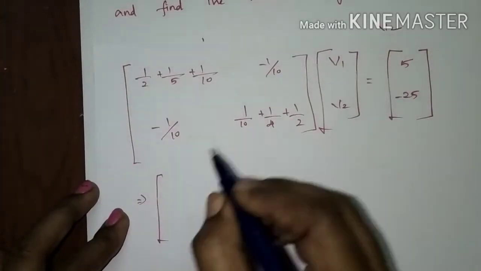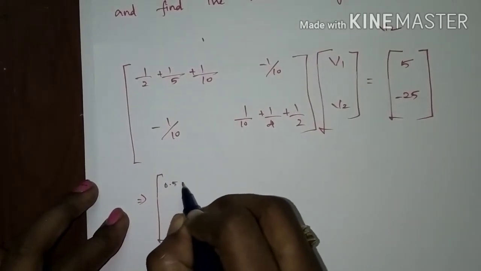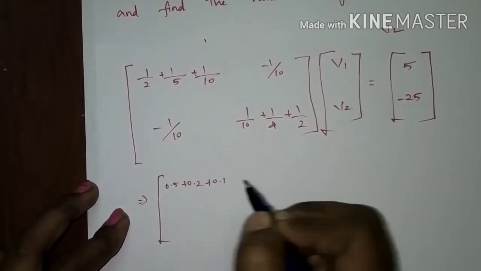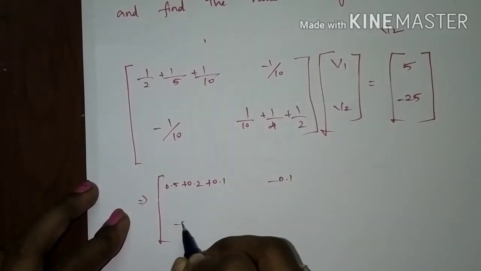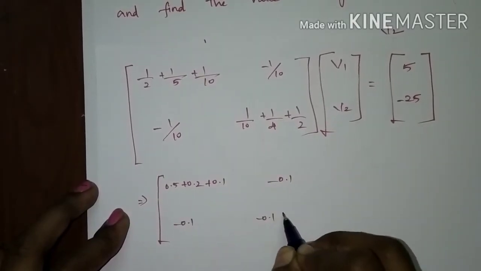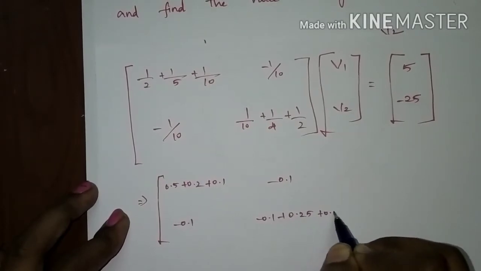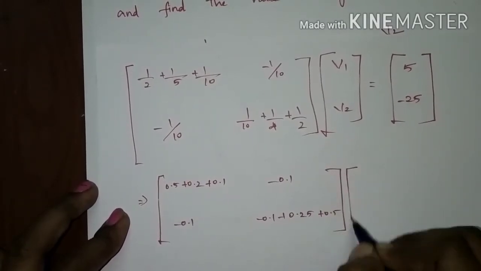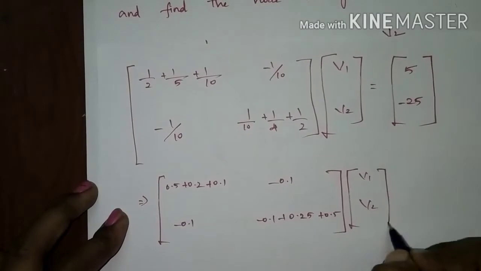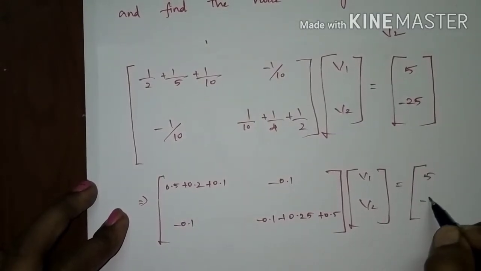This matrix can be further reduced to [0.5 plus 0.2 plus 0.1, minus 0.1; minus 0.1, 0.1 plus 0.25 plus 0.5] times [V1, V2], which is equal to [5, minus 25].